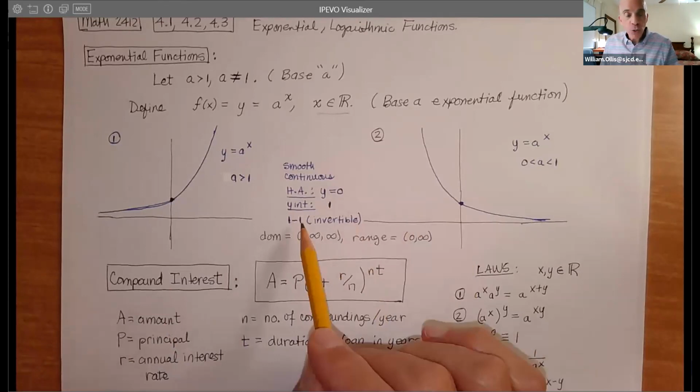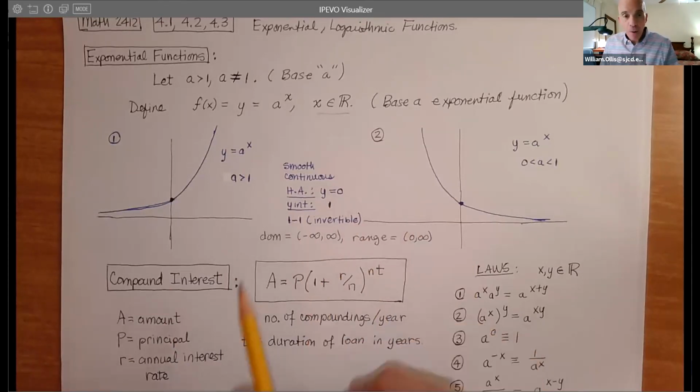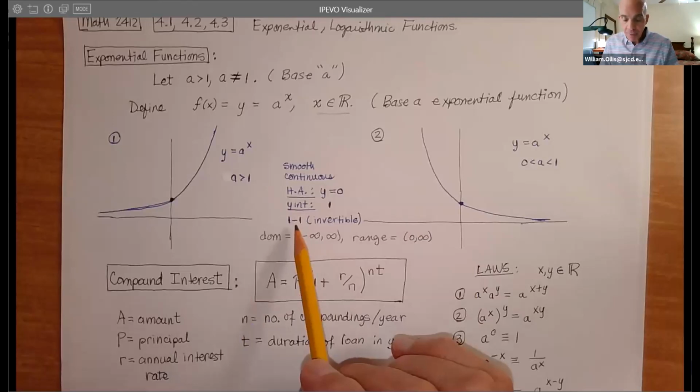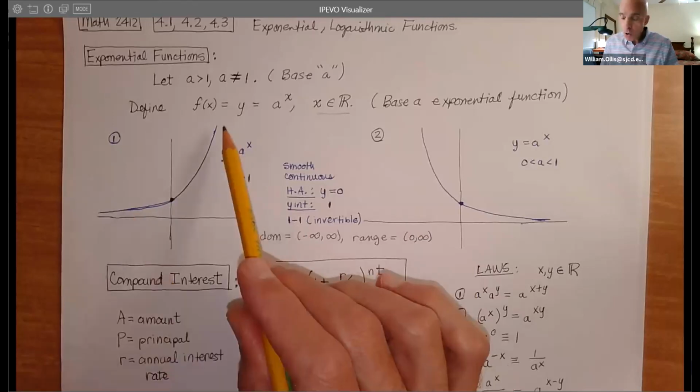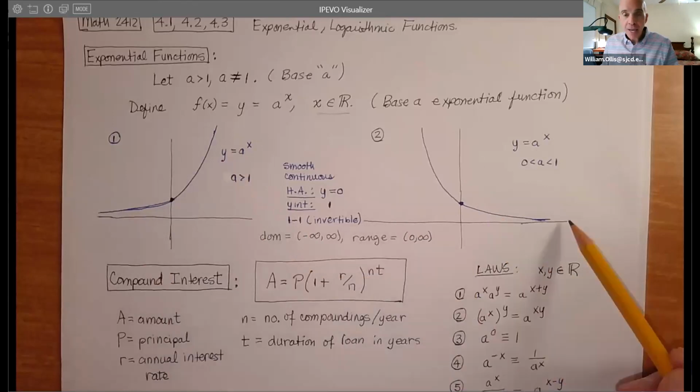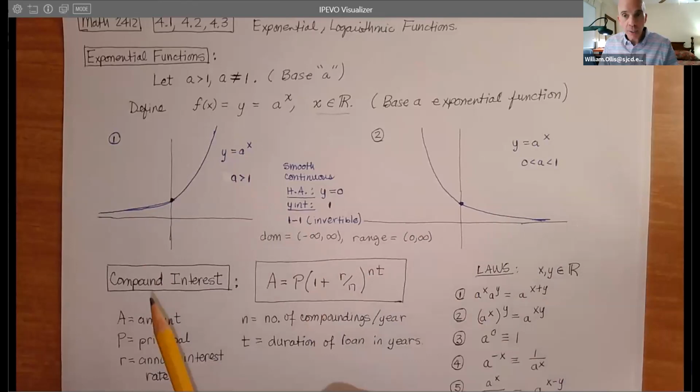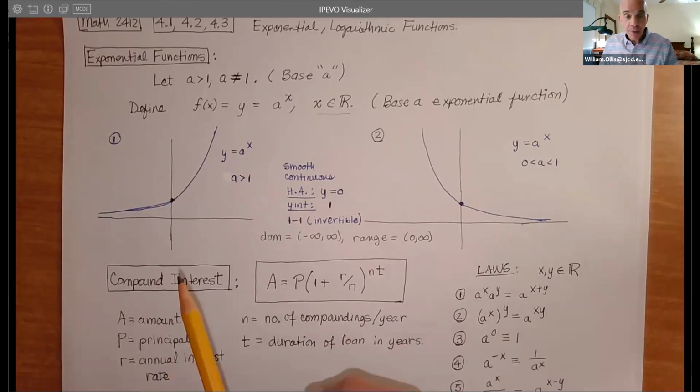And we are going to feel comfortable at this point that the outputs either get increasingly larger or decreasingly smaller in a very uniform way that makes the function 1 to 1. And because it's 1 to 1, ladies and gentlemen, it is therefore invertible. It has an inverse function.